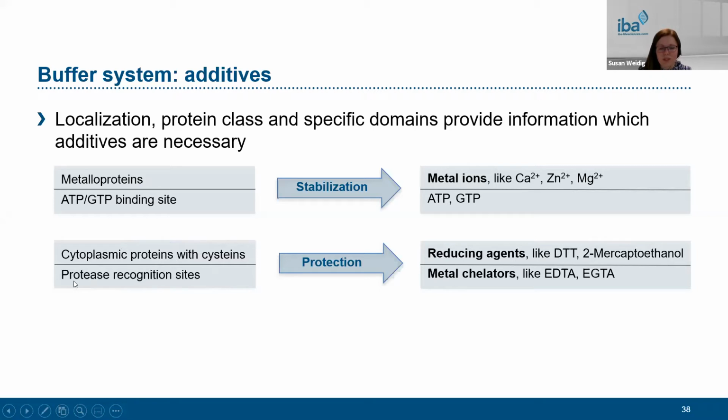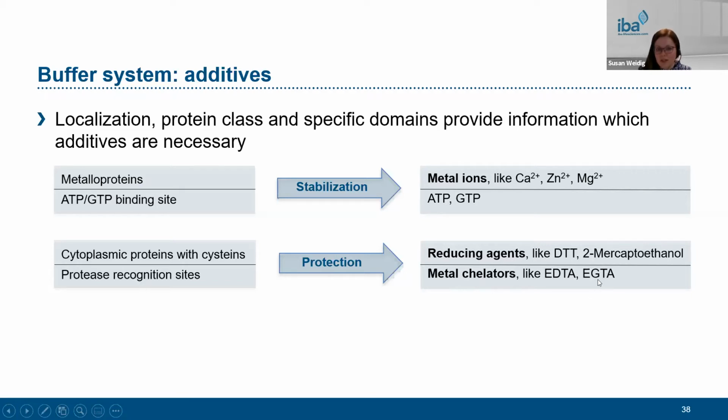A lot of proteins have also protease recognition sites. And if you lyse your cells, then these proteases could be very active and cleave your protein. And in this case, you have to add metal chelators like EDTA or EGTA.